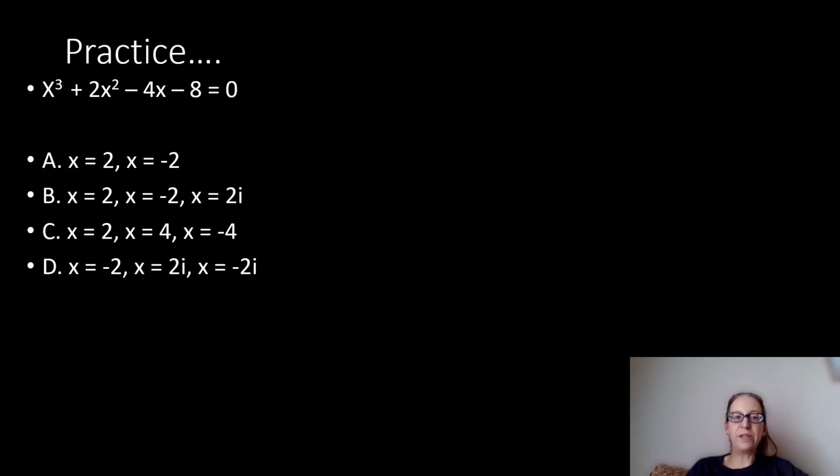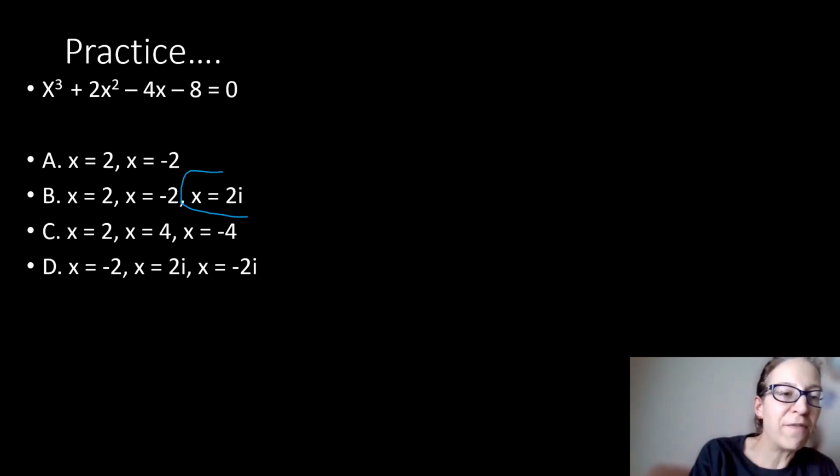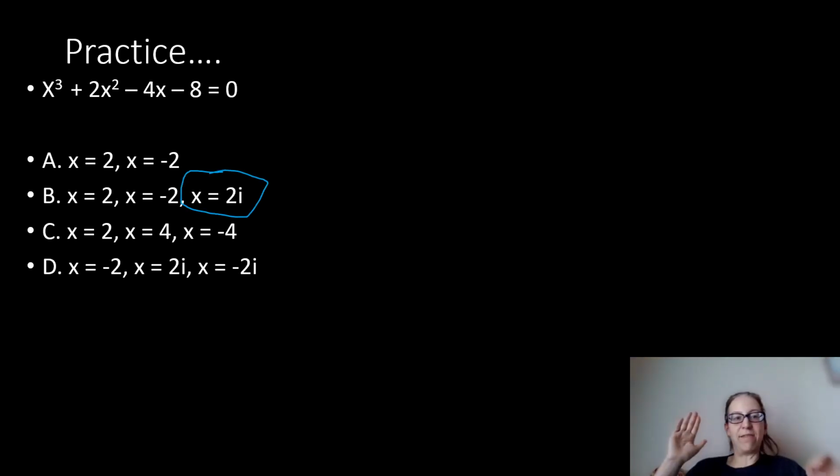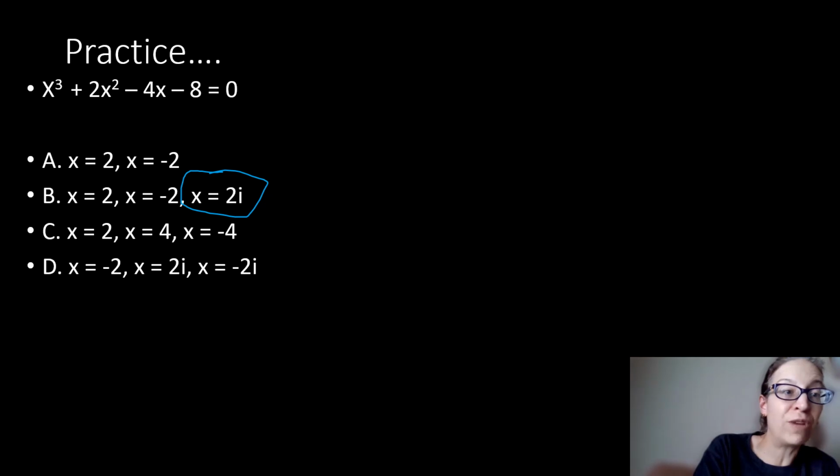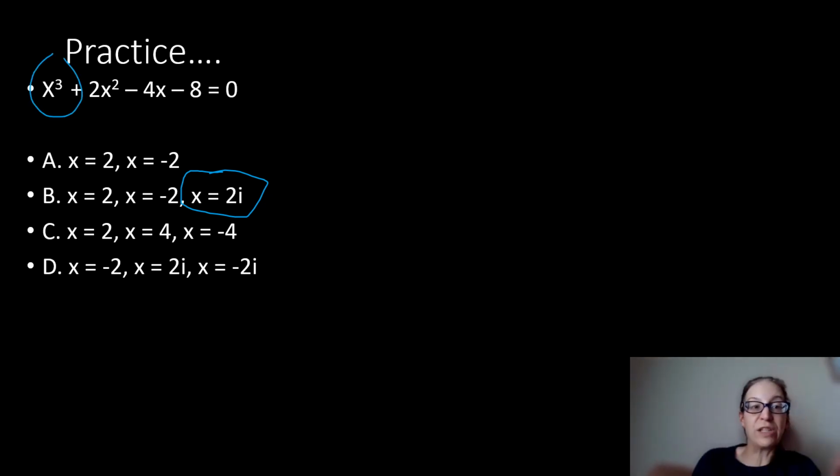All right, hopefully you did pause this. Now, there is an answer choice that you can eliminate right at the outset because it violates all the rules of everything, okay? And that is answer choice B. You will never, ever have a situation where you have one answer choice with an i in it. Okay, nope and nope. So you cannot have, in this case, it's degree 3, so you're looking for 3 solutions.